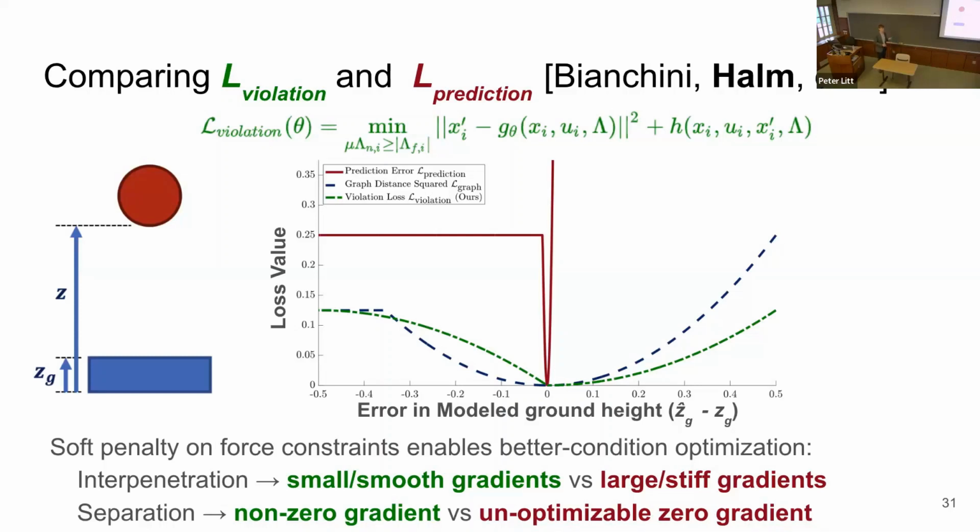Conversely, if the ground is assumed to be too high, then the model thinks it's in penetration, and there might be a large reactionary force to remove that penetration over your time step, resulting in a very stiff landscape that blows up to very high values very suddenly. And even a small gradient step along those gradients may put you over into the other regime where there are no gradients to learn further from.